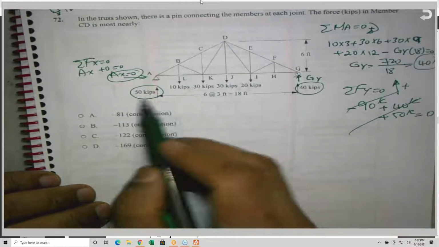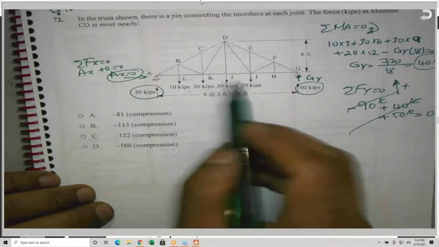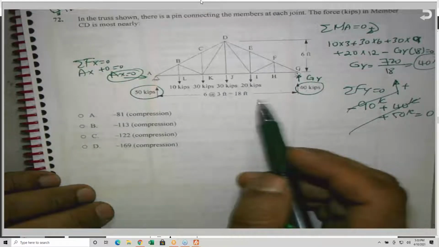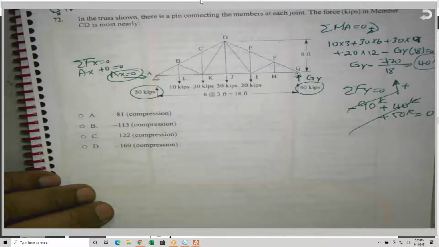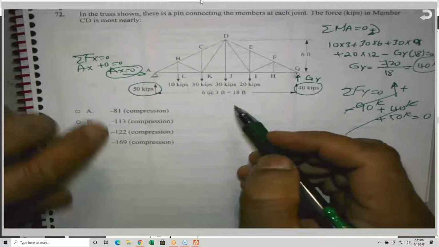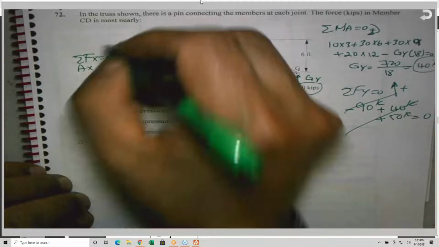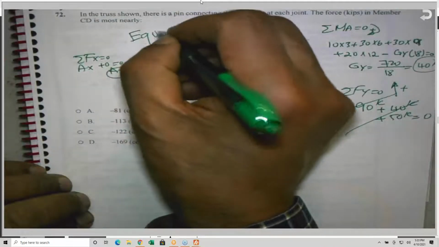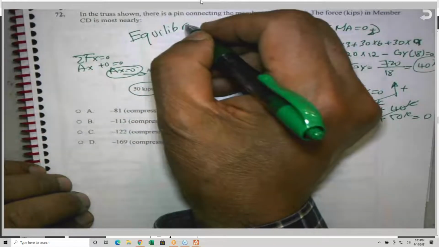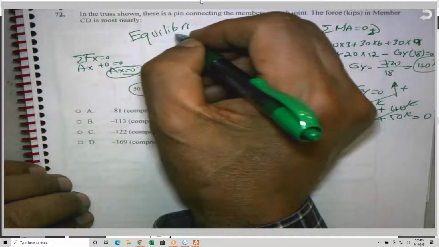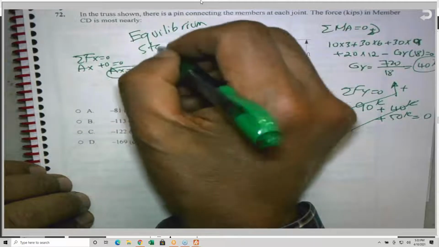Because if these two are not balancing, the loads acting on the truss will start to move it around. Have you ever seen a truss moving in a street? No. If you see one somewhere, please let me know. Okay? So equilibrium, we are building things, equilibrium. Stability, it must be stable.